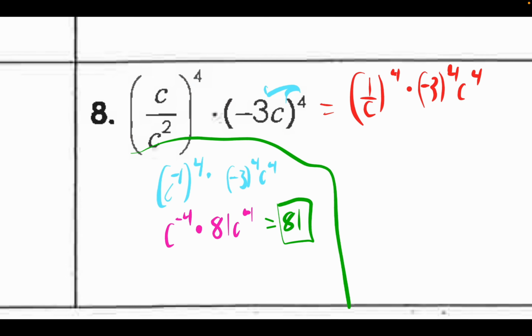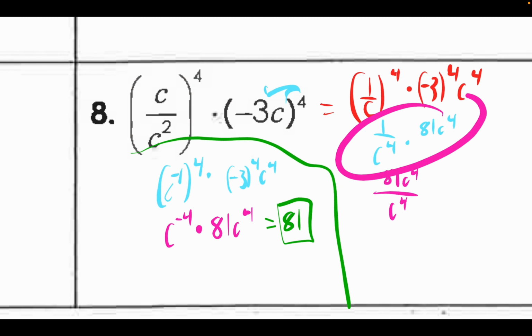We would end up having 1 over c to the fourth times 81c to the fourth, which is truly just the same thing as 81c to the fourth over c to the fourth. So you could have written it like this or this in this step, and I would choose the bottom one personally. And this ends up resulting in 81, as we mentioned.